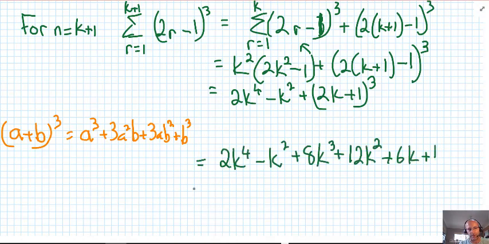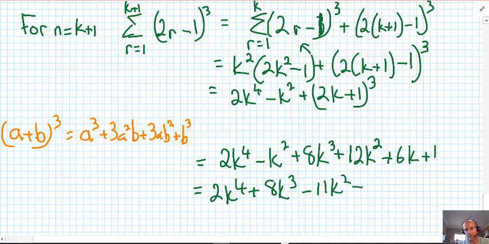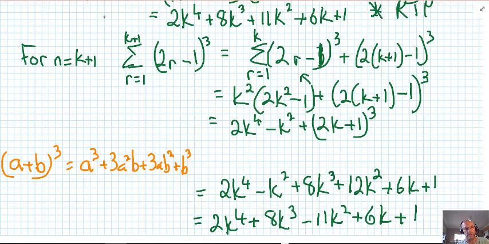We expand out and then we simplify. 2k to the power 4. We've got 8k cubed. We have 11k squared. We have 6k. And we have 1. And you can see back up here that that's what we got. 2k to the power 4 plus 8k cubed. Sorry, that should be a plus there. Put the wrong sign down. Plus 11k squared plus 6k plus 1.